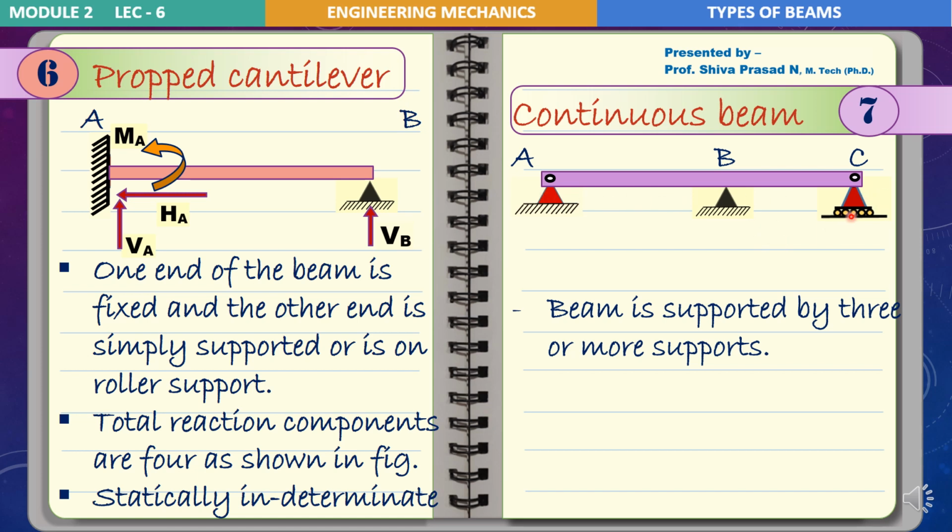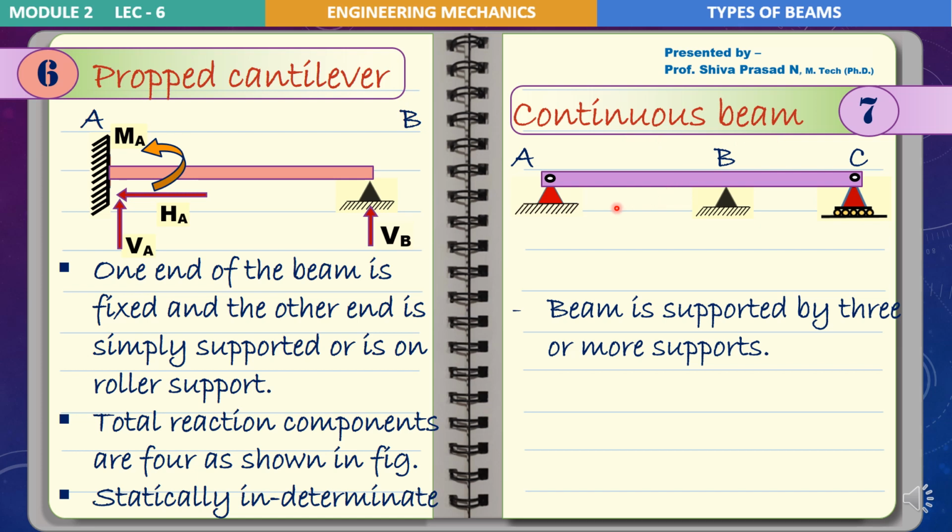All these supports are placed based on the span length. If the span length is larger, the beam requires more supports. For that reason we have more supports for a continuous beam.